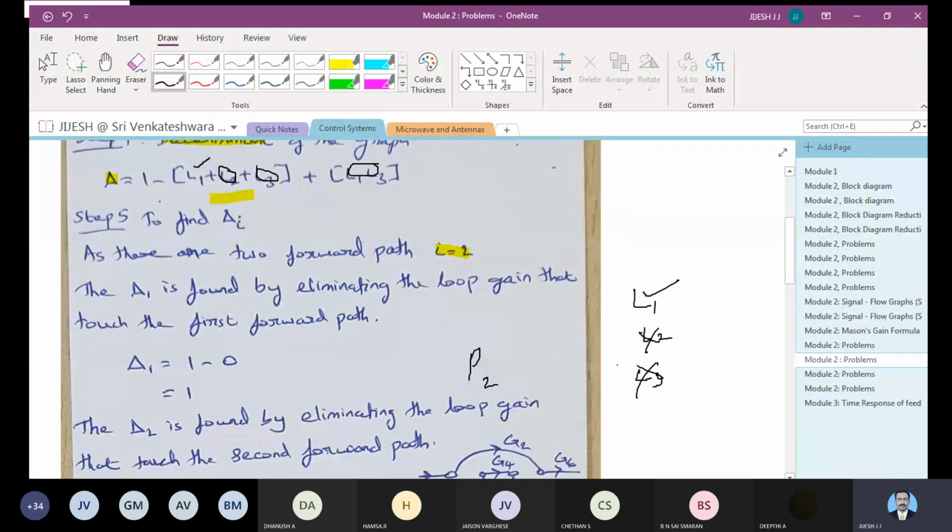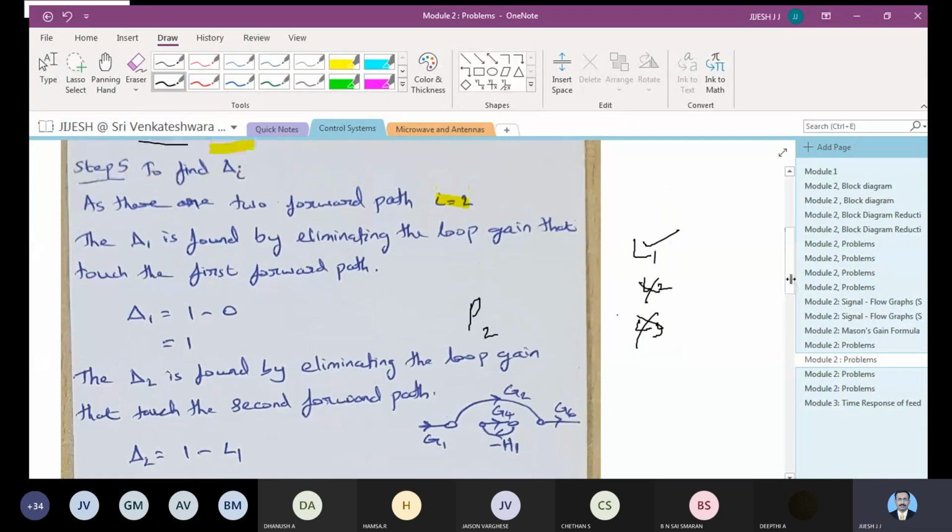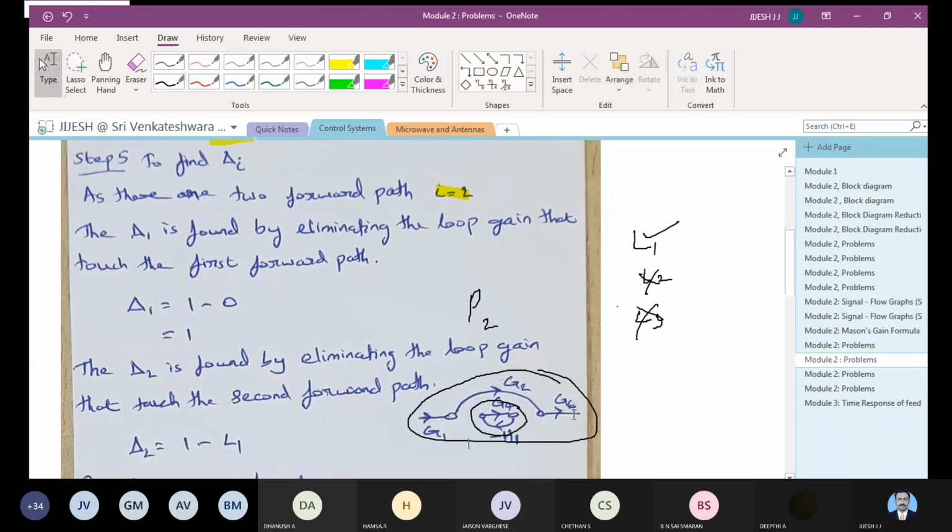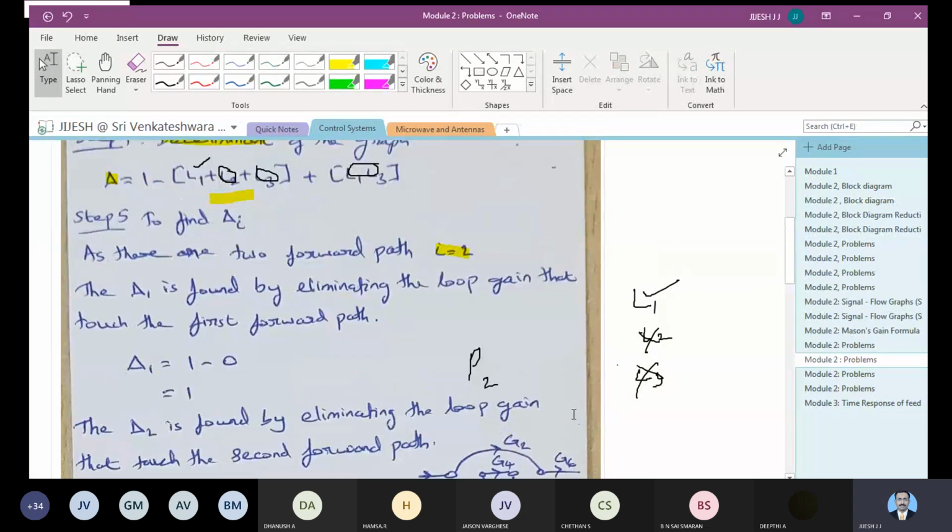Only the left out will be 1 minus L1. This is just drawn for your understanding, so that you can find that this loop is non-touching to the entire forward path. Is it clear for all of you?